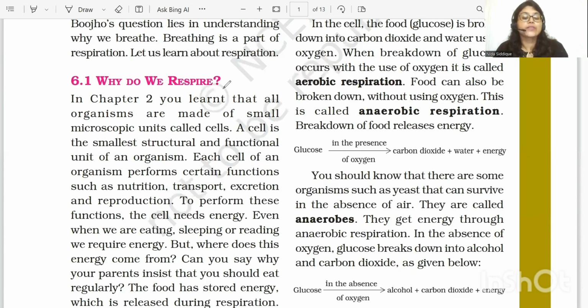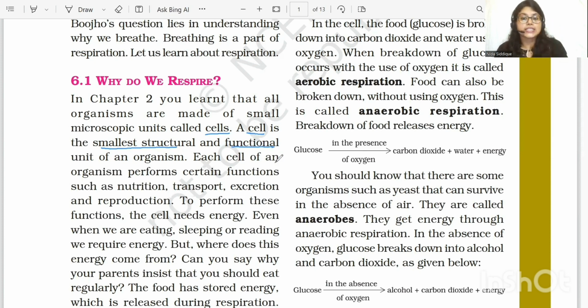So why do we respire? In chapter 2, you learned that all living organisms are made up of small microscopic units called cells. You all must have remembered this, right? हमारा body एक small microscopic unit से बना है, the fundamental and structural unit of life, that is the cell, the smallest structural and functional unit of life.